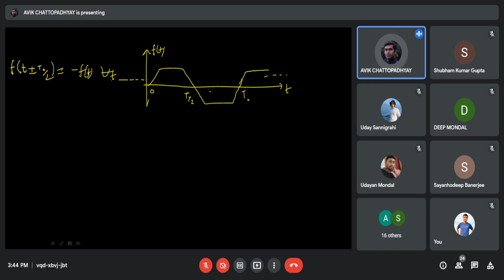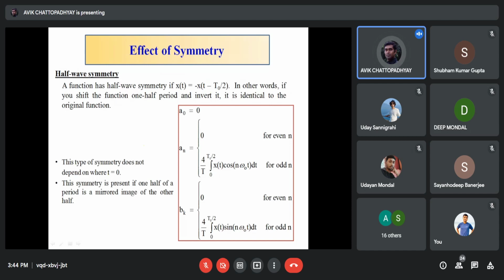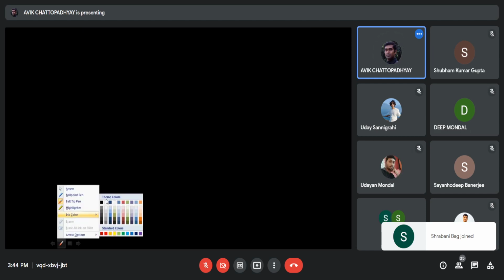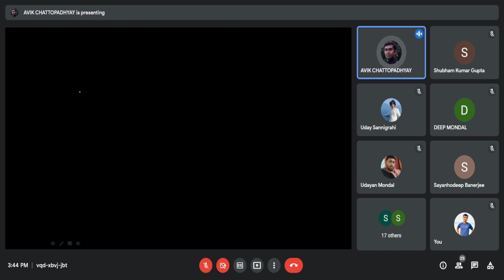Now, this is one kind of half-wave symmetry. There is another kind of half-wave symmetry. So that is a fourth category. Again, this is also half-wave symmetry, but the definition is this: f(t) equals f(t plus or minus T naught by 2), whether you shift to the right hand side or left hand side doesn't matter, for all values of t.